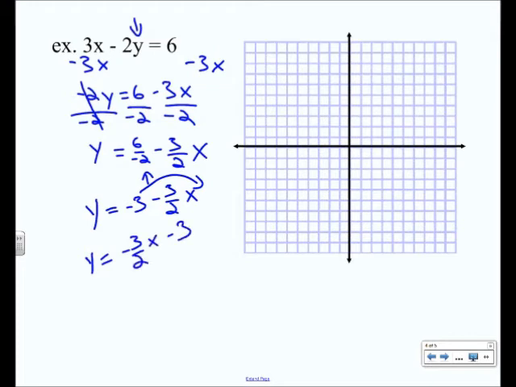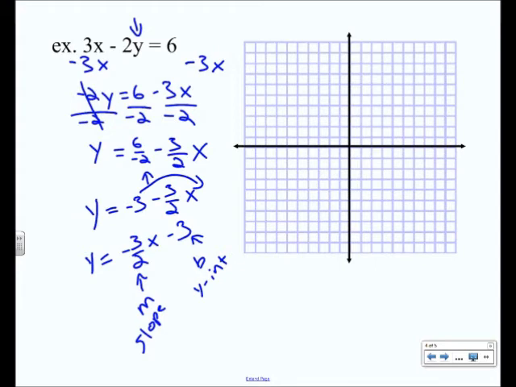All right, we've got it now. Here's our m, or our slope, and this here is our b, or our y-intercept.